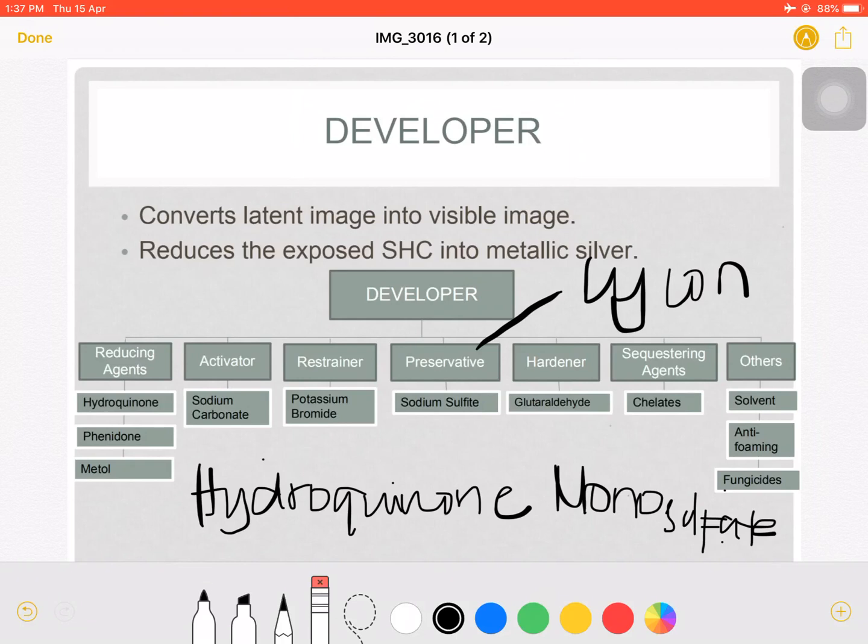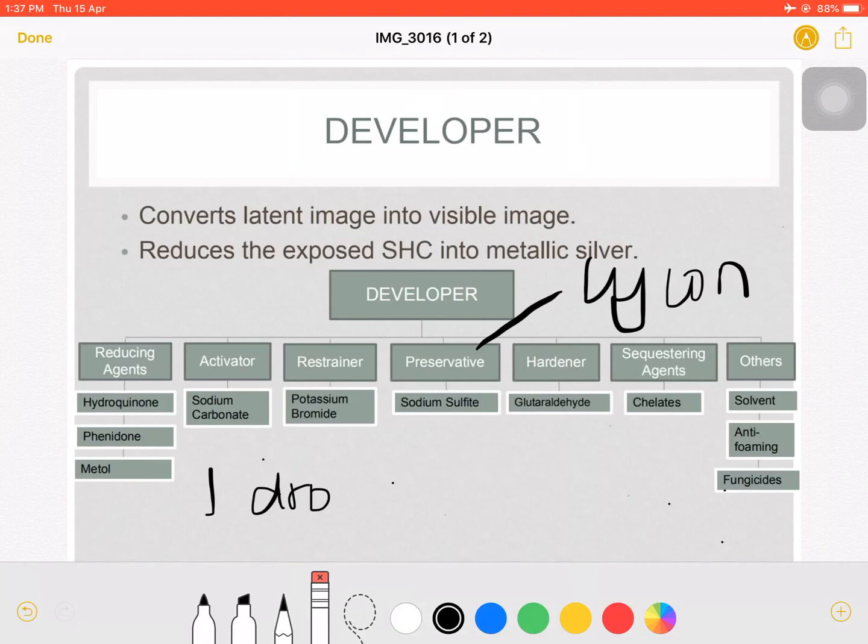Okay, our preservative or our sodium sulfite also acts as a stabilizer to promote the equilibrium of the chemicals. Para maging balance, since alkali ang ating developer solution, kailangan niya ng acid. Okay, para maging balance, para maging equilibrium yung state ng ating developer chemicals. Actually, kung ang developer solution ay alkali solution, merong 3 chemicals na acid.